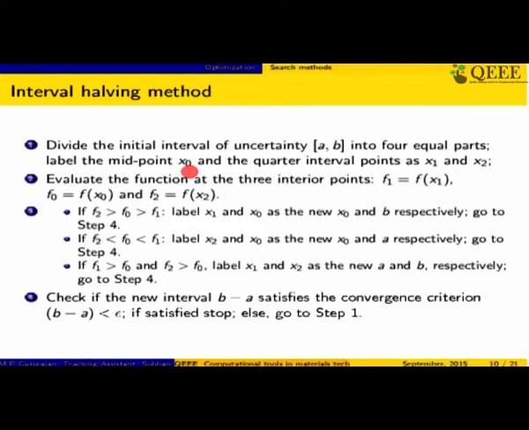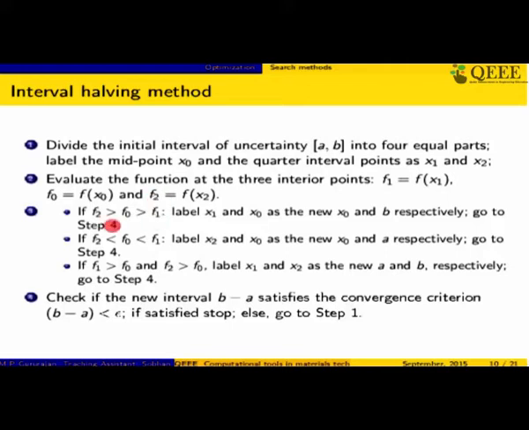Halfway between a and (a plus b) by 2 is x1, and halfway between (a plus b) by 2 and b is x2. Those are the quarter points, 1/4 and 3/4. We evaluate the function at the 3 interior points x1, x0 and x2.